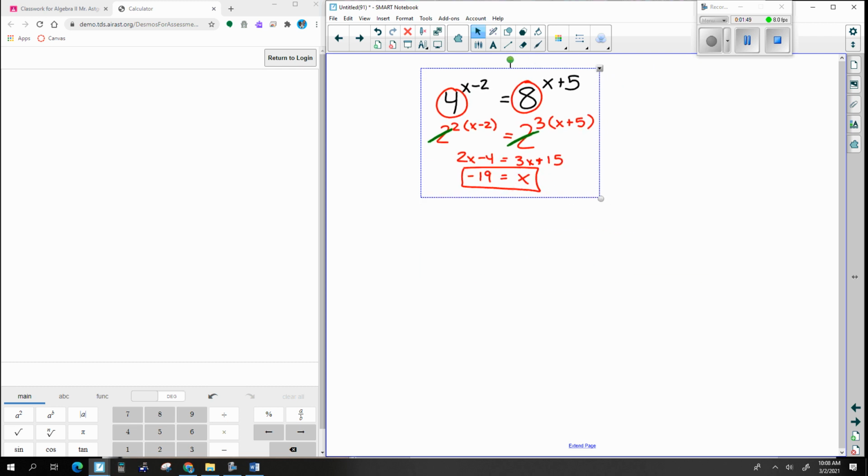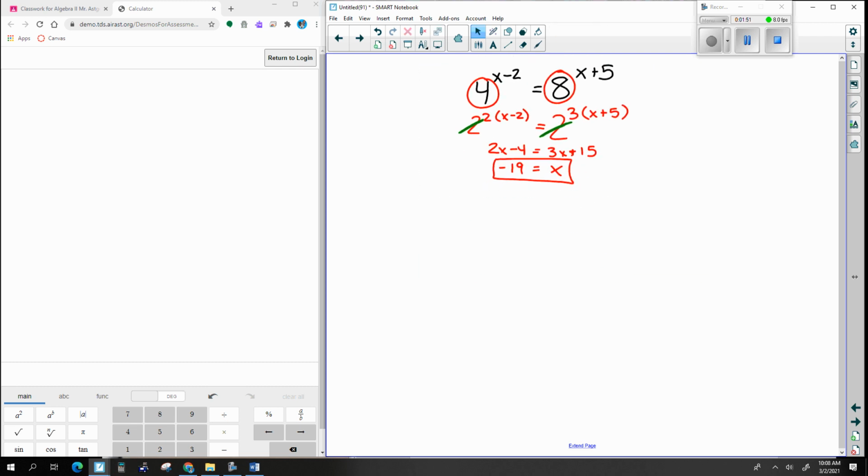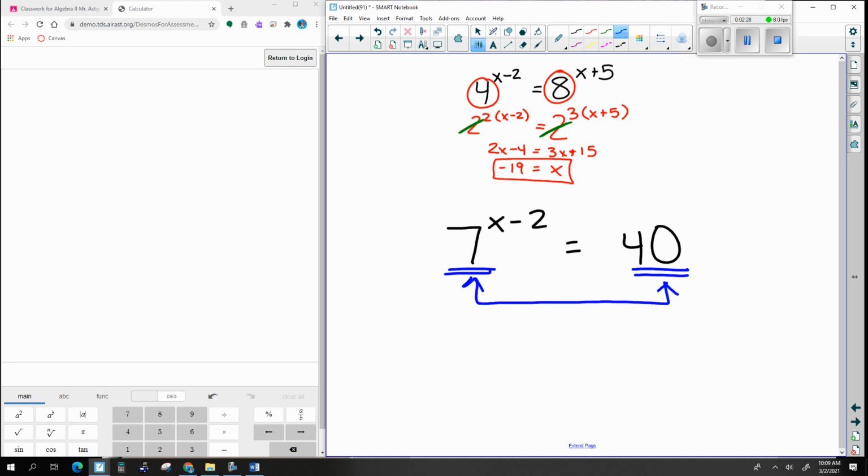And then there is today's type of problem. I'm going to talk about how you can recognize how to do it one way versus another. Today's type of problem will be something like 7^(x-2) is equal to 40 or something. Now, what you'll notice in this problem is this base number and this number really have nothing in common.